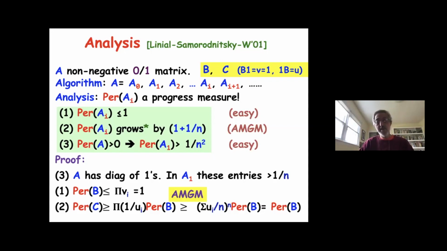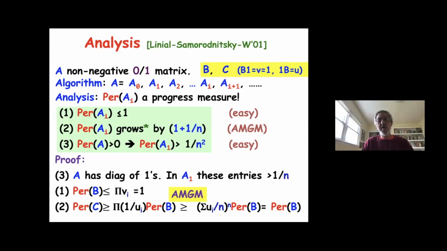And so we can put the sum of the u_i over n. But what's the sum of the u_i? The sum of the column sums is the sum of the row sums, so it's n. So this is just 1. So we see that the permanent of C is at least the permanent of B.